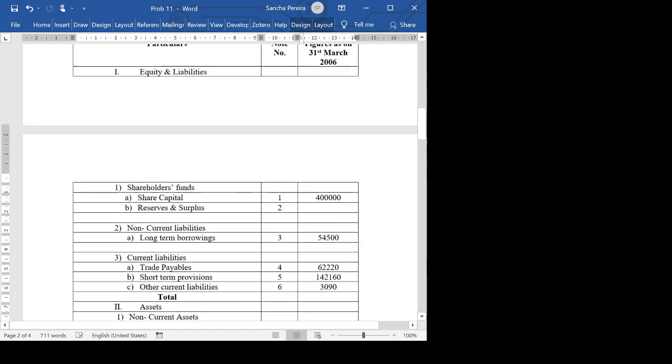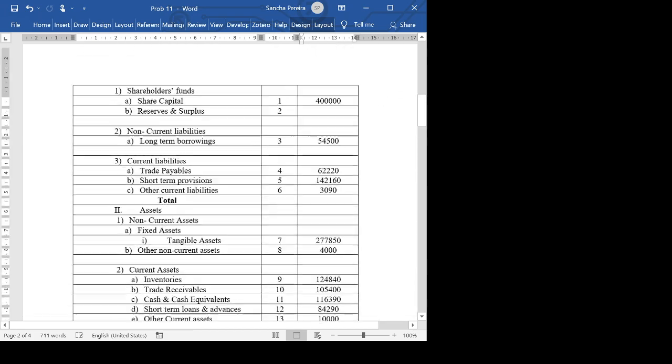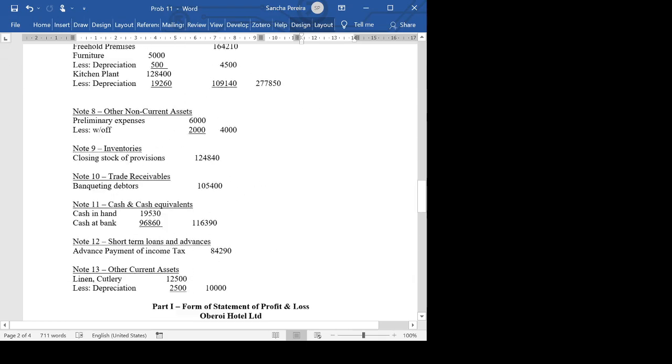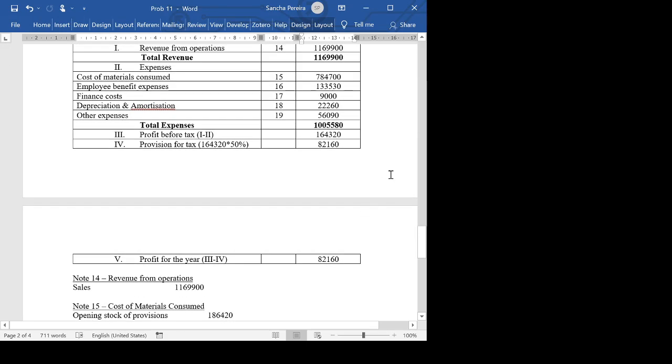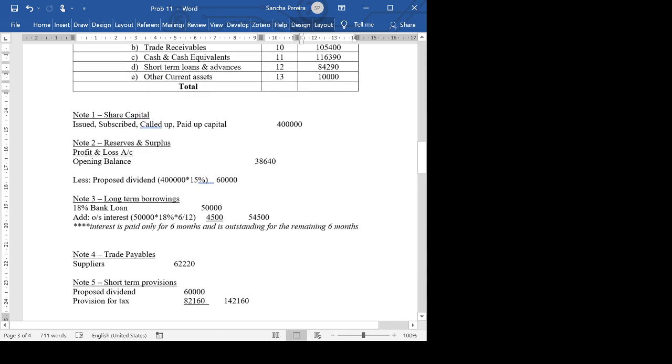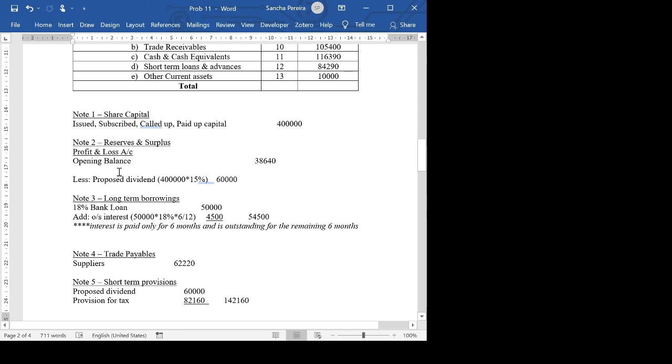Okay. And now the last thing that is left for us is, we can also transfer the final profit. What is the final profit here? 82,160 is going to go to the balance sheet, that is reserves and surplus. Add profit during the year 82,160.